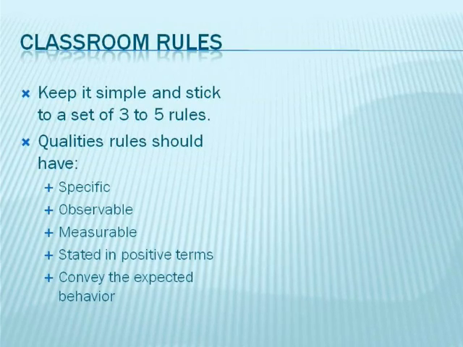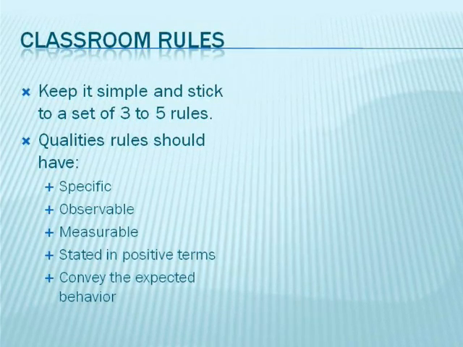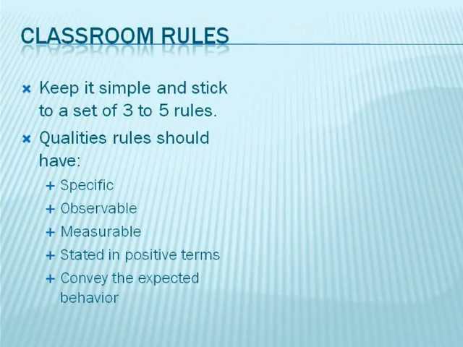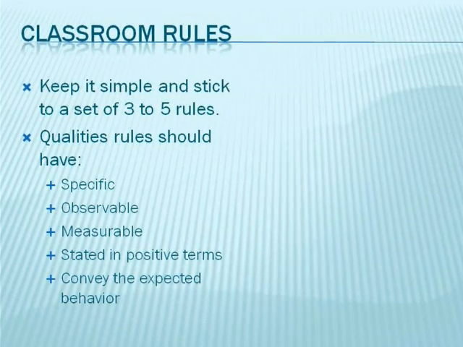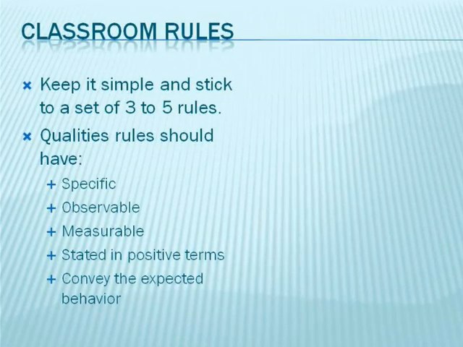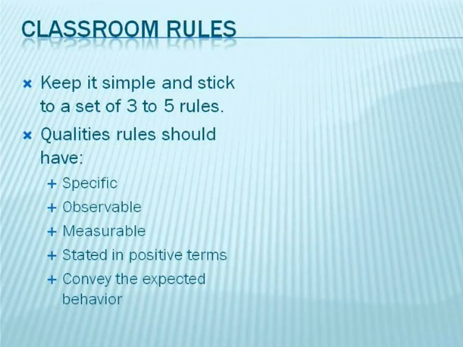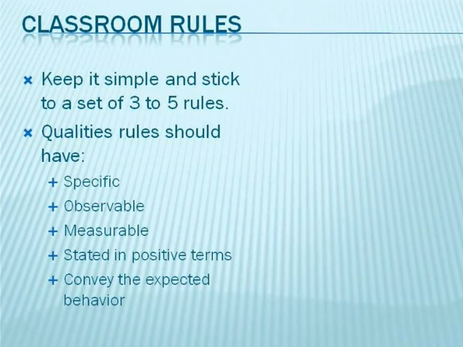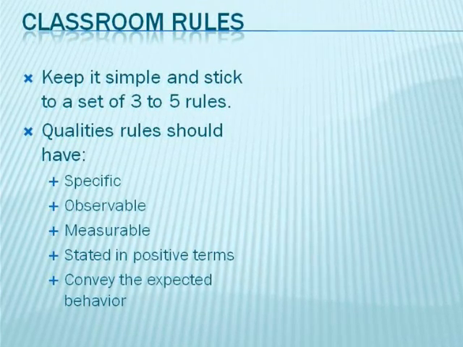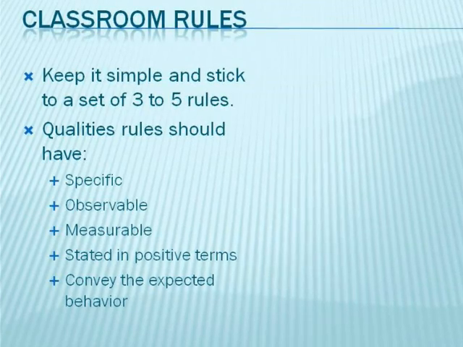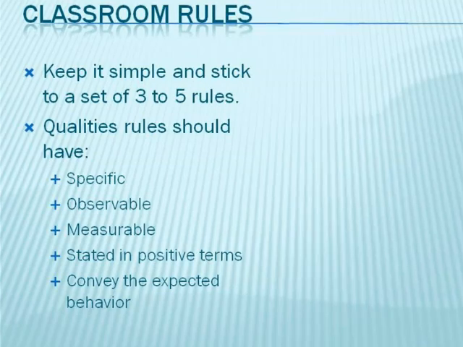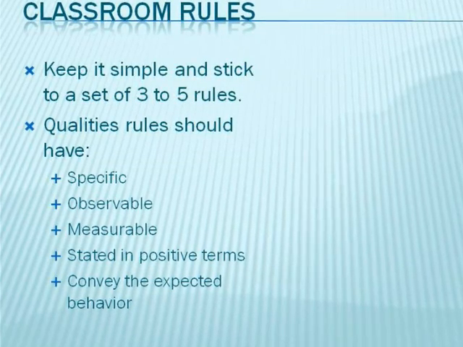Classroom rules. Make sure to keep it simple. Stick to 3 to 5 rules in the classroom. This makes sure that students grasp a full understanding and there's not a long, lengthy list of things they don't understand. Qualities rules should have. They should be specific, observable, measurable, stated in positive terms, and convey the expected behavior.